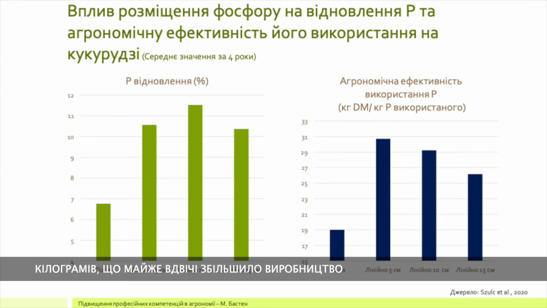So it's almost doubled the dry matter production per kilogram of phosphorus. That means our starter fertilizer banded in corn is a very, very efficient way and makes the phosphorus fertilizer very efficient.